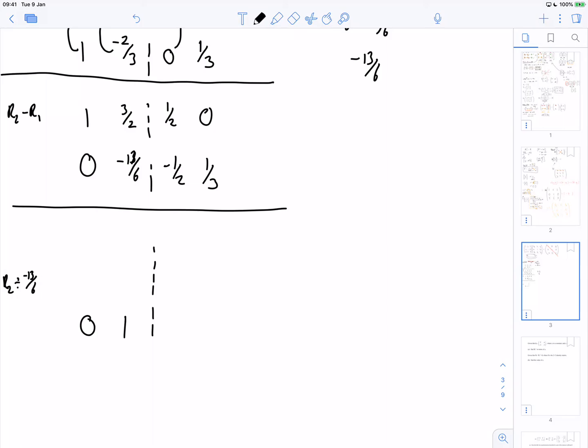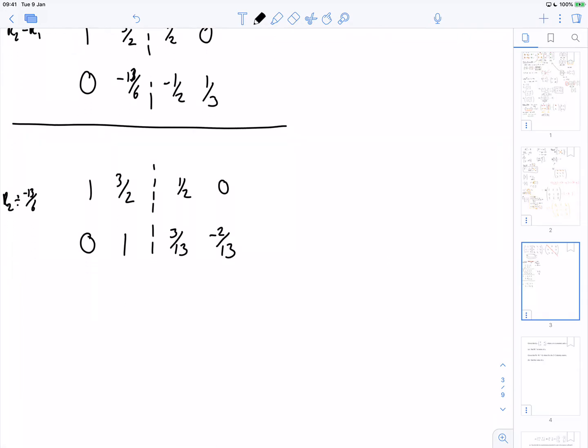So minus 1/2 times by 6 is going to be minus 3. Times by minus makes that a 3, so this is going to be 3/13. And then 1/3 times by 6 is going to be 2, divided by 13, this is going to be minus 2/13. And now on the top, I've got 1, 3/2 still, and then this is 1/2, 0.